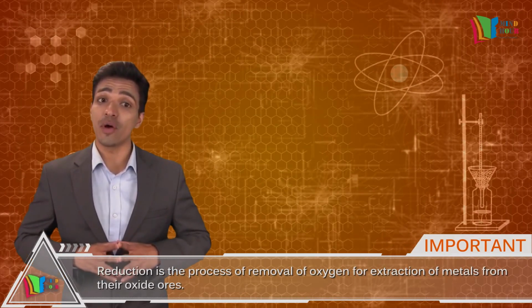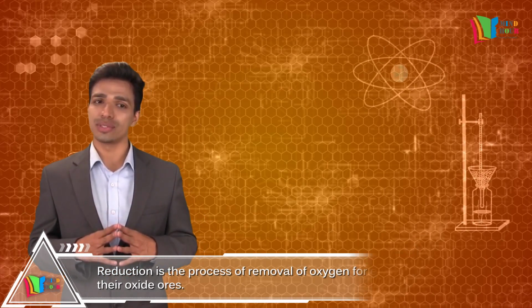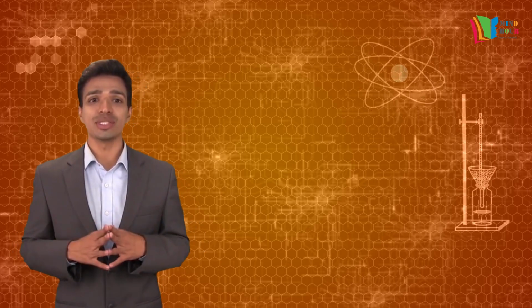Reduction is the process of removal of oxygen for extraction of metals from their oxide ores. Oxides of potassium, sodium, lithium, barium, calcium, magnesium, and aluminium cannot be reduced by using carbon, carbon monoxide, and hydrogen because of their high affinity for oxygen.